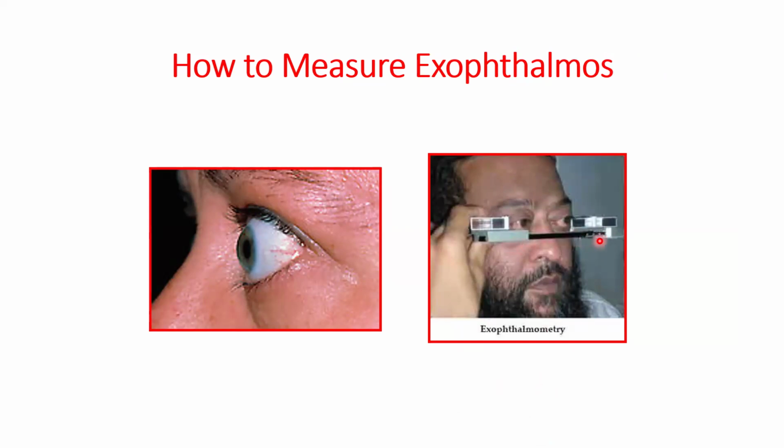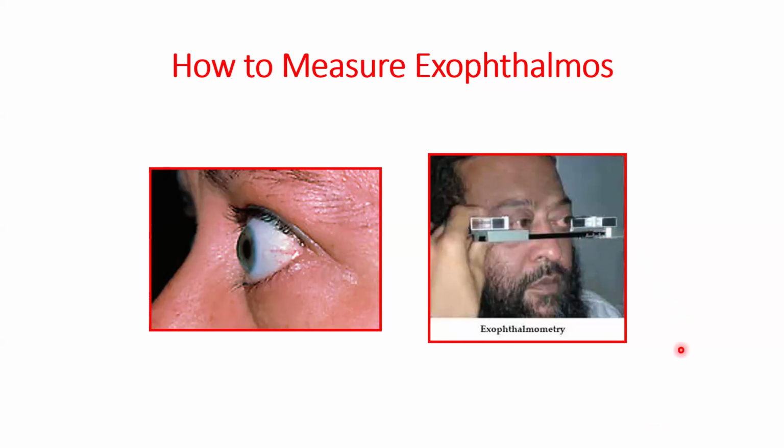It looks exactly like the frame that you wear when you go to the ophthalmologist to have eyeglasses made. But instead of putting lenses, the patient is asked to look straight ahead. And here at the corner, there is a prism or a mirror. And the doctor checks at which reading, here there is like a ruler, at which reading in millimeters the cornea touches this reading. All right.